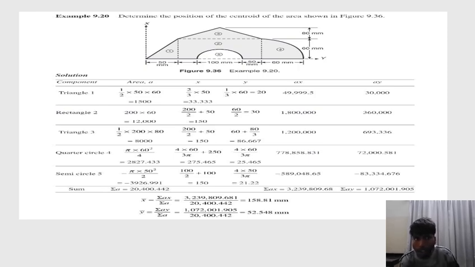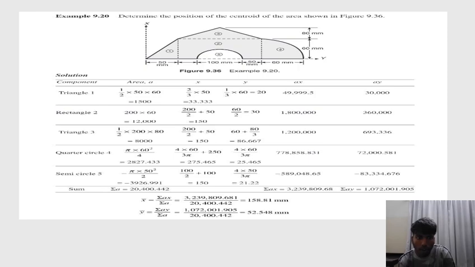Summation of ay: first we have 1500 into 40, which is 30,000 something. Second, the rectangle is 360 something, and the third triangle 693, and the quarter circle 72,000 minus 83 point. Now in total we have summation of ax as 3.2398068 and summation of ay as 1.0720013905.